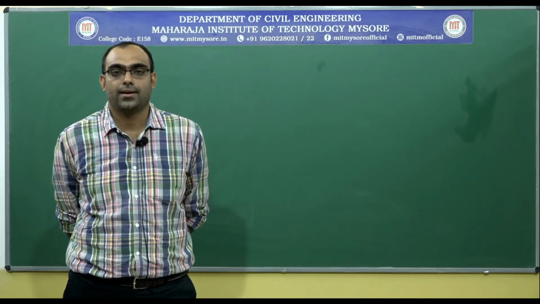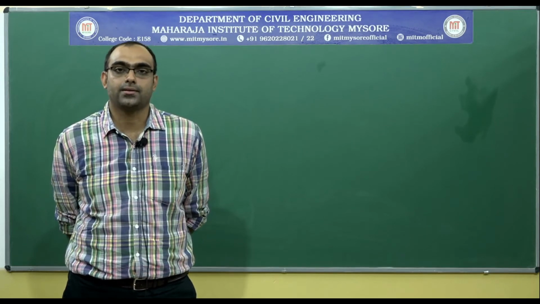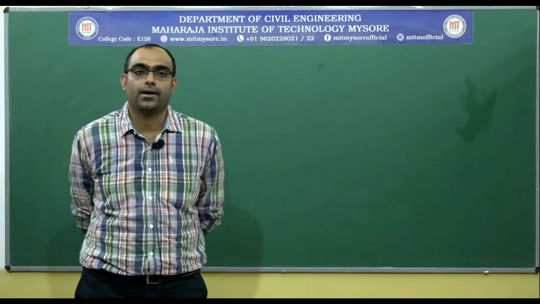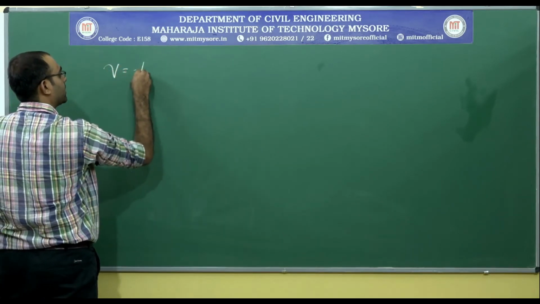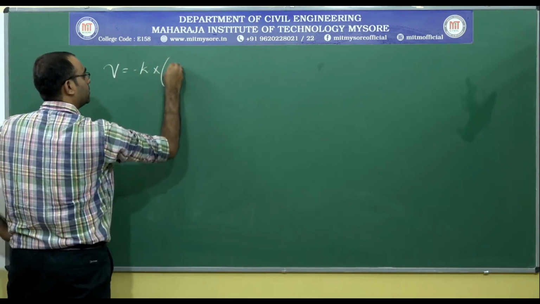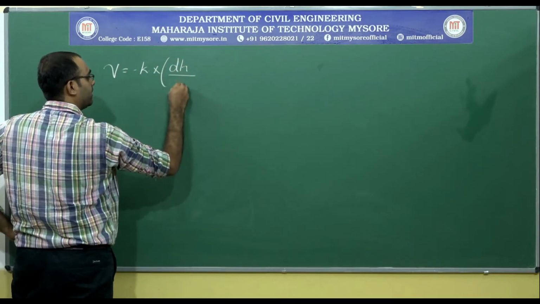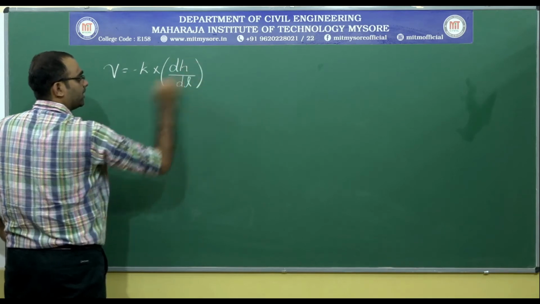Hello, in the last class we had discussed Darcy's velocity, and we had got the equation V is equal to minus K into dH by dl, right?